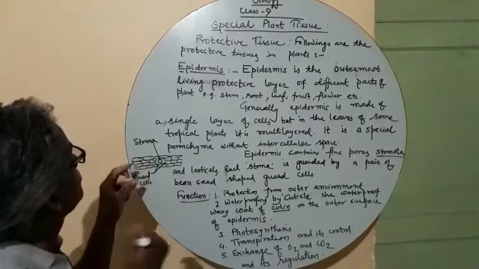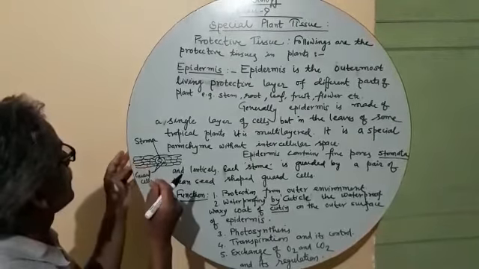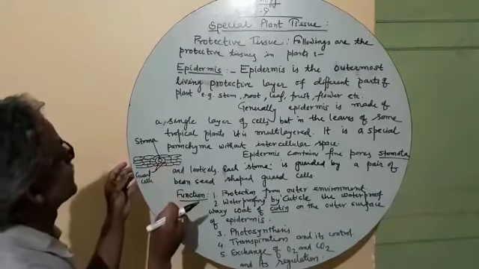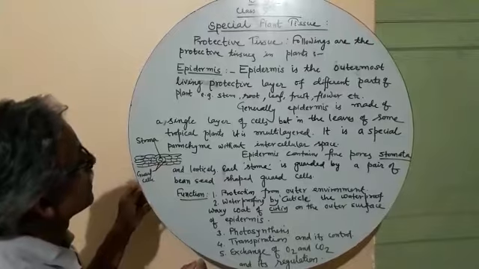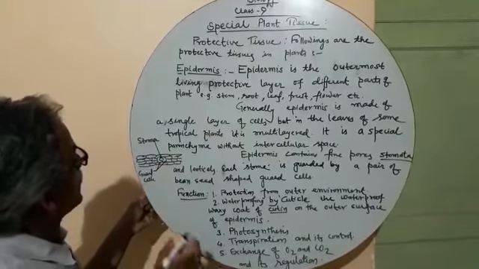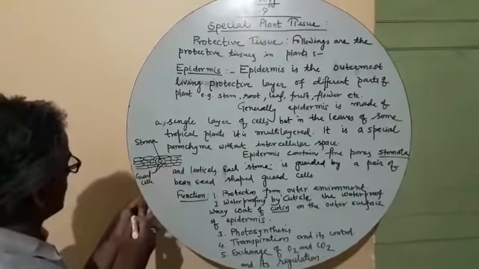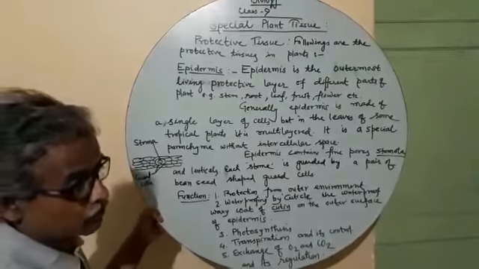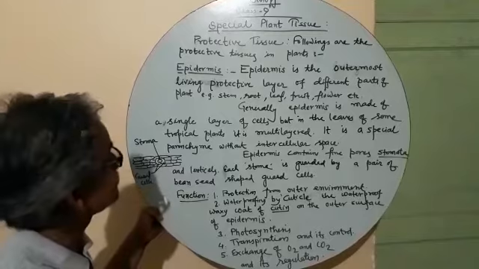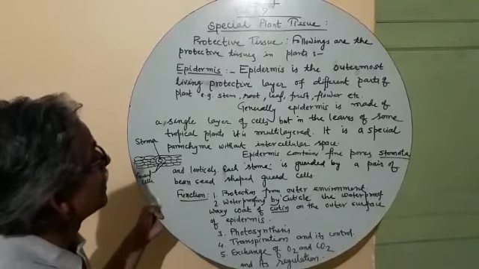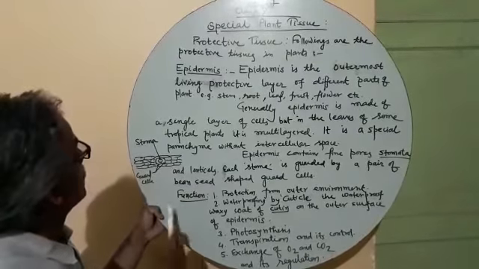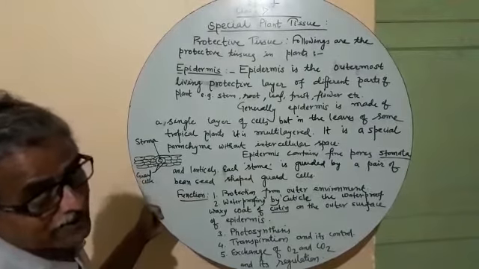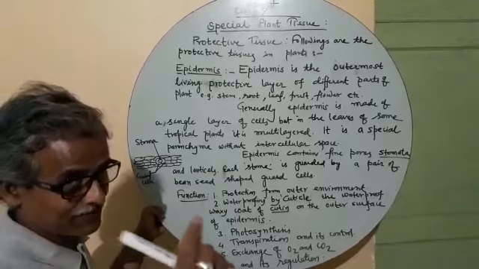These guard cells open and close the stoma. In these guard cells there are chlorophylls, so these do photosynthesis. These guard cells are bean seed shaped.